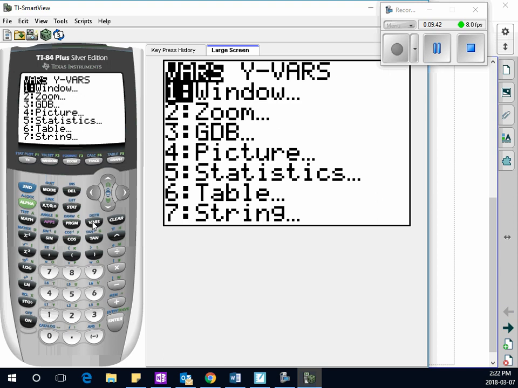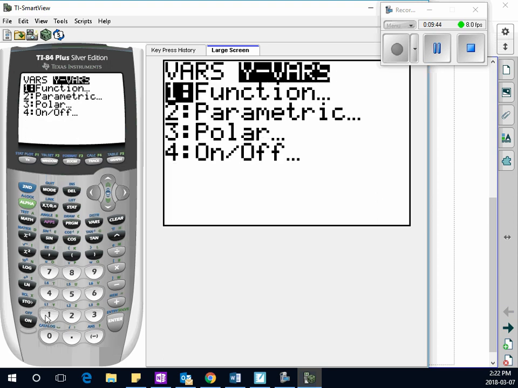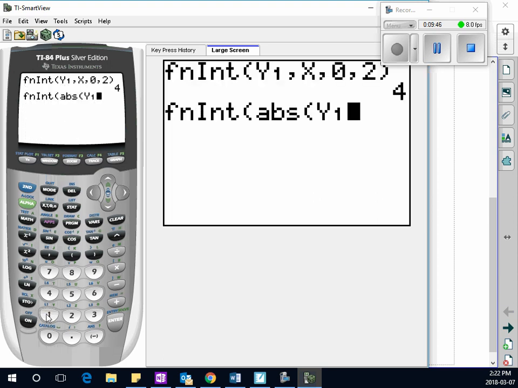Remember, we go vars, y vars, function of y1. Close the bracket because otherwise it's going to think it's absolute value of everything. So close the bracket of the absolute value, and then of course x, comma, 0, comma 2. So then I get 6.